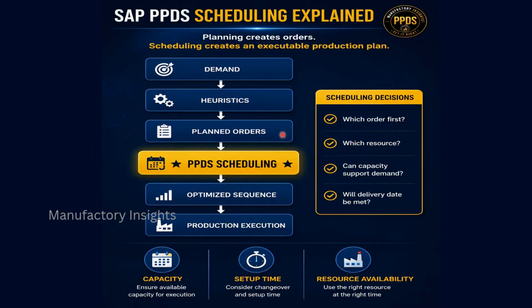We still don't know which order should run first, which resource should perform the work, is enough capacity available, can we meet the required delivery date? This is where PPDS scheduling comes into the picture.